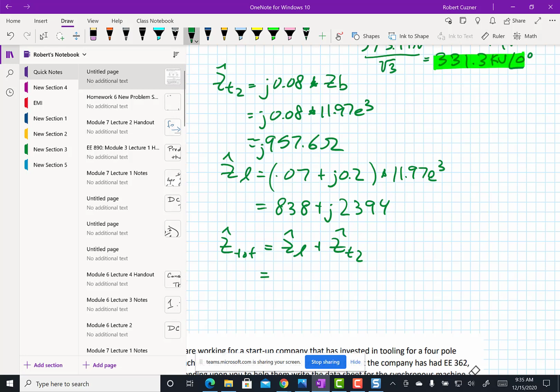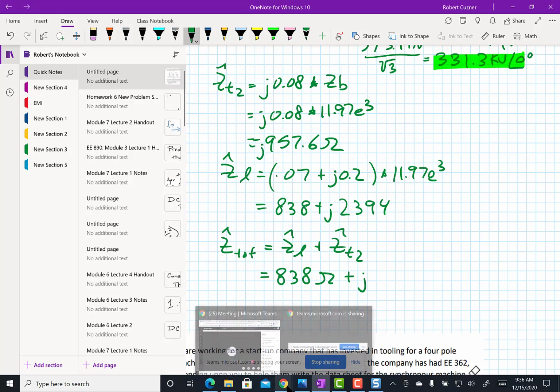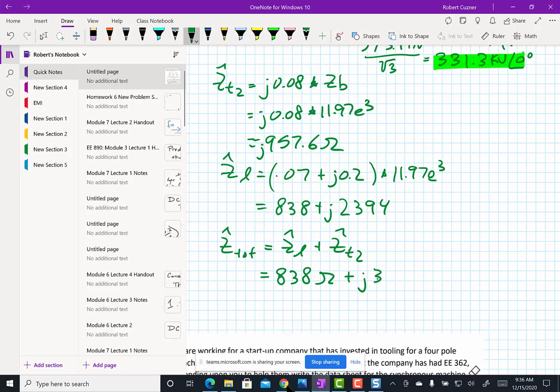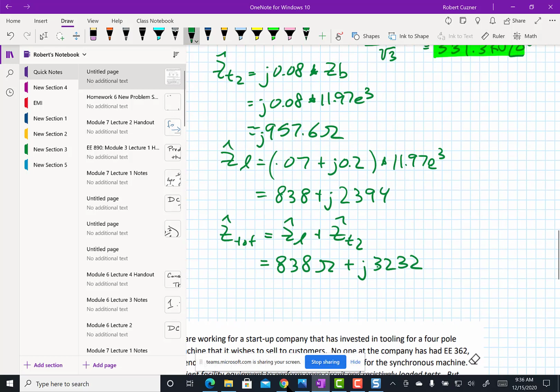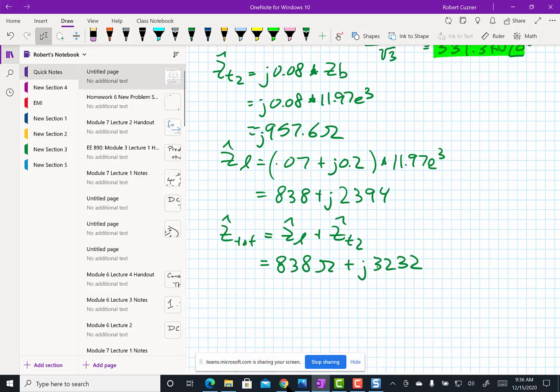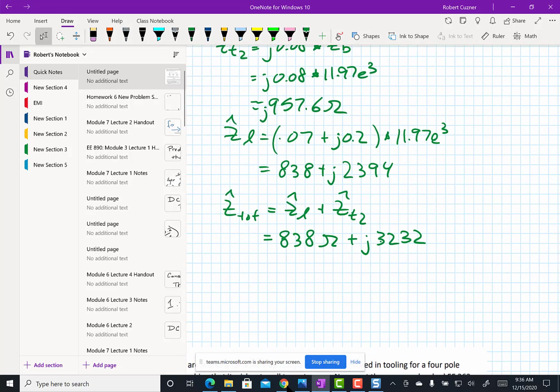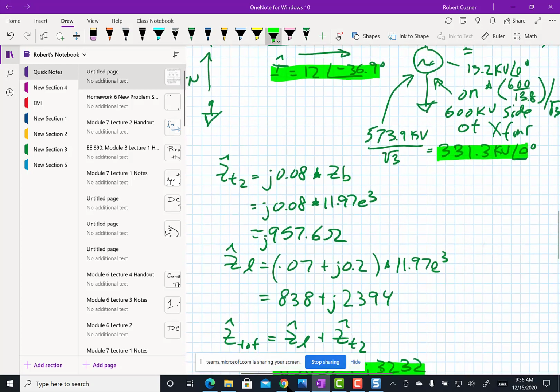I've got 838 ohms of resistance plus inductive reactance of 2394 plus 838, which is 3232 ohms of inductive reactance. 3232. So now I know this, right? The main three things I need to know are those three things.